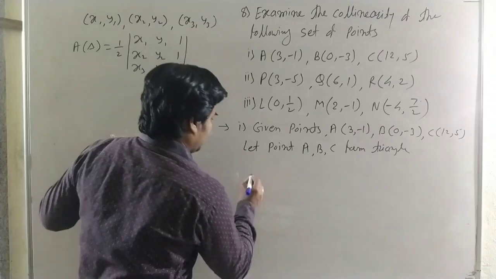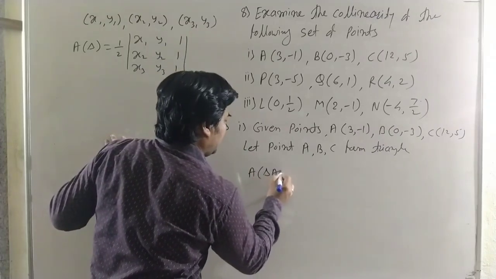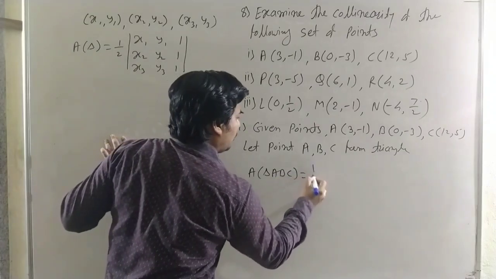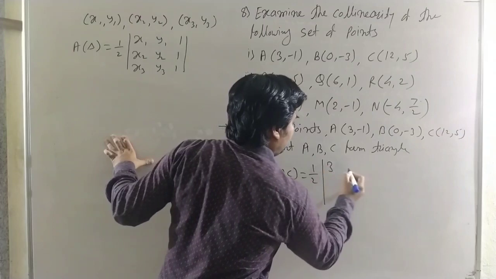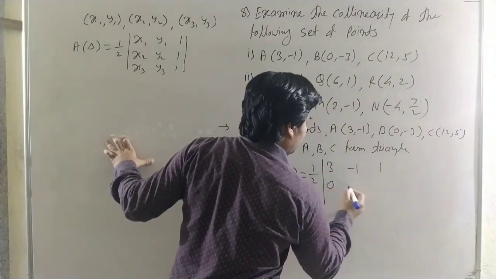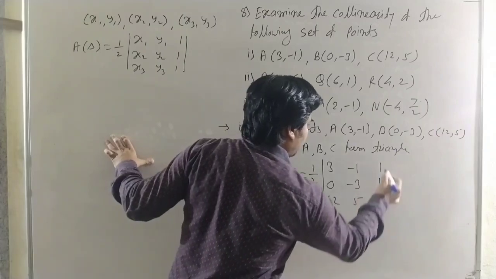See carefully. Now the area of triangle ABC is equal to 1/2 times the determinant of 3, -1, 1; 0, -3, 1; and 12, 5, 1.